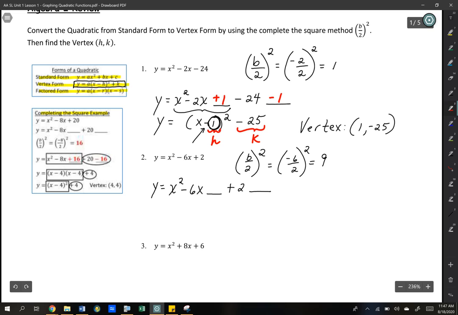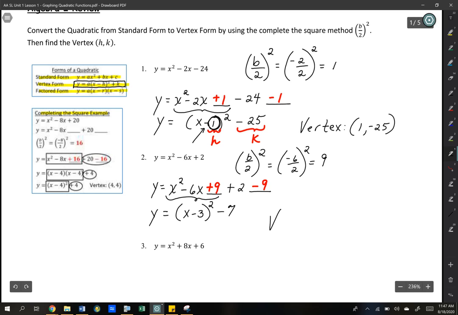We'll add in the value we got for completing the square, which is +9. And then to balance that, we'll do -9. All right, now this part here is going to be rewritten as x minus 3 squared. Plus 2 minus 9 is -7. So we get y equals x minus 3 squared minus 7.